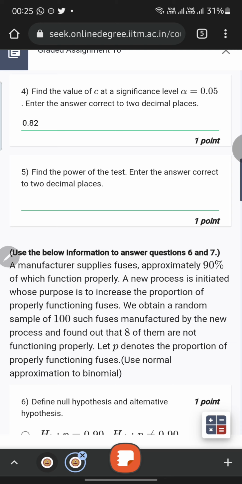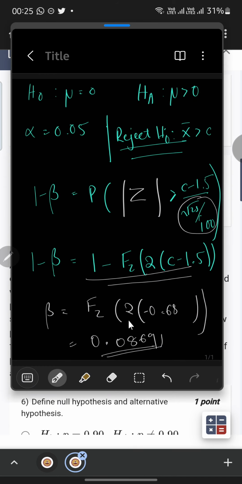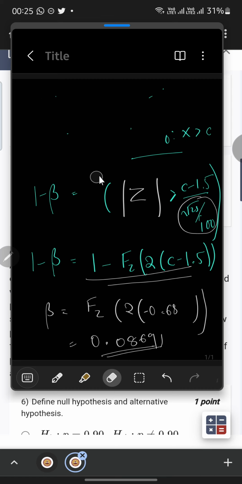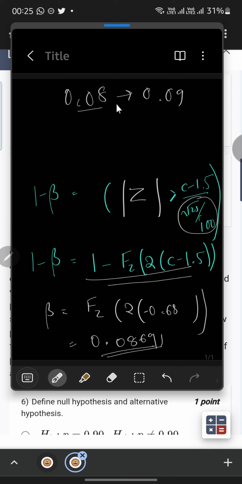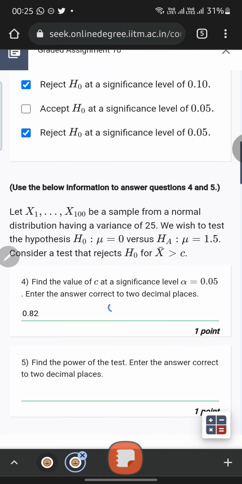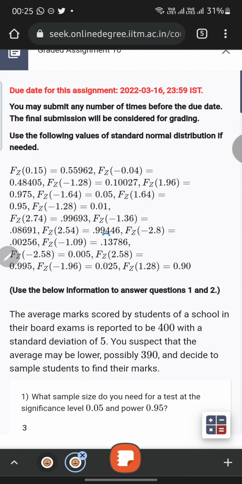You can just write an answer between the range of 0.08 to 0.09. No more, no less. Okay. So great.